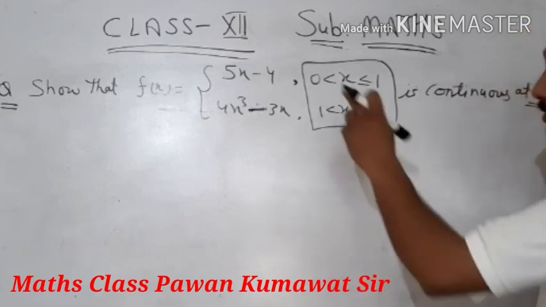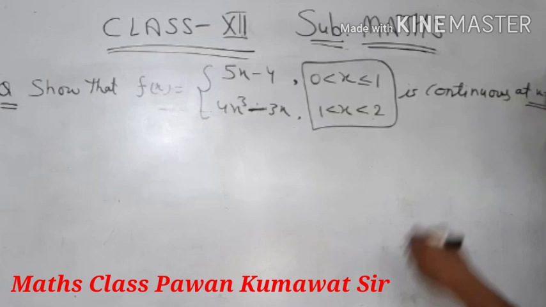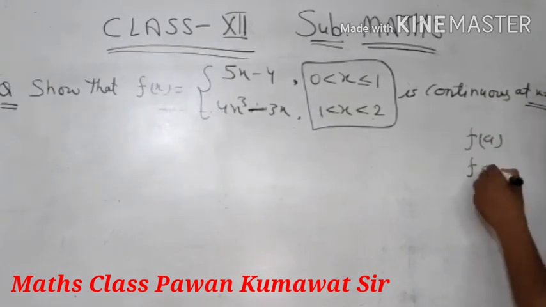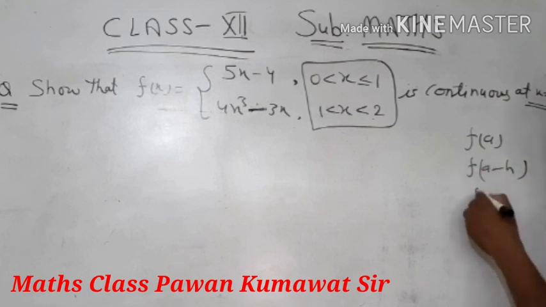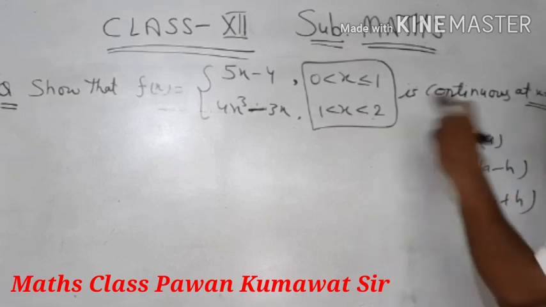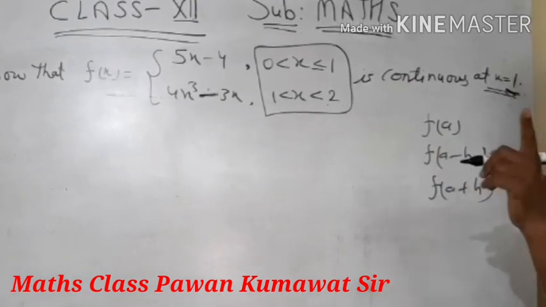For checking the continuity, we should find three values like f(a), f(a minus h) and f(a plus h). And in this question, a is equal to 1.